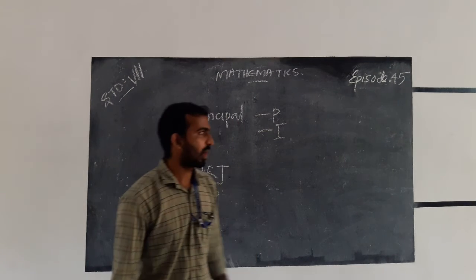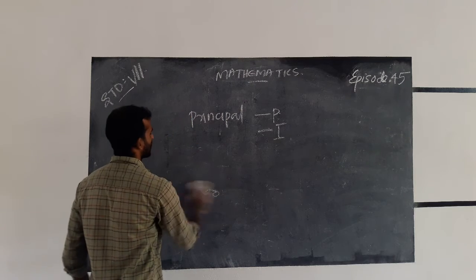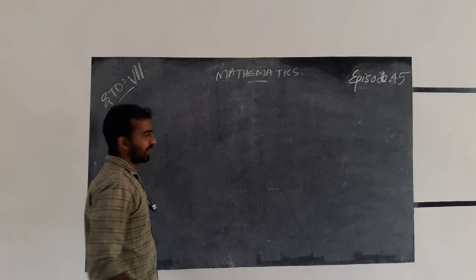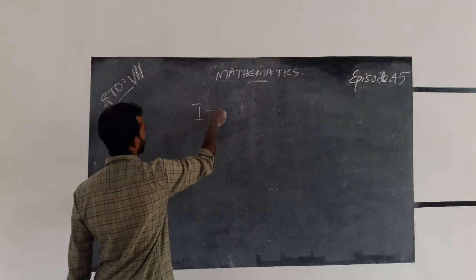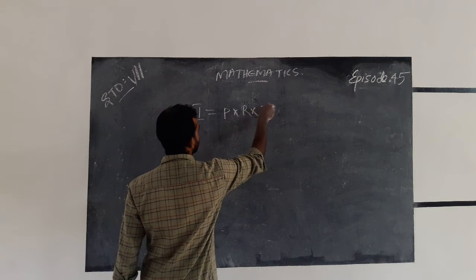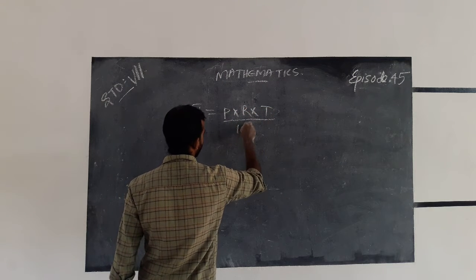The first way uses the formula for interest: I equal to P into R into T by 100.